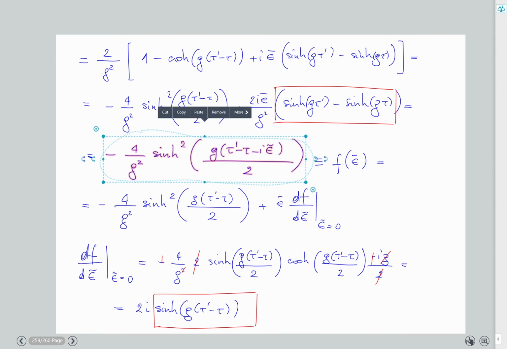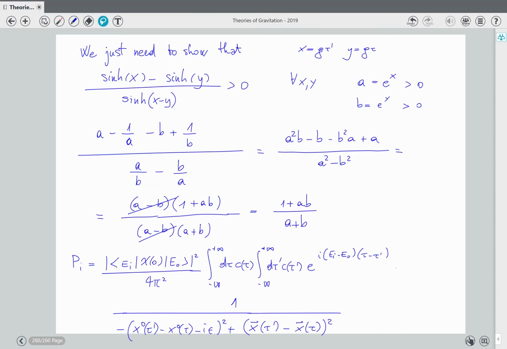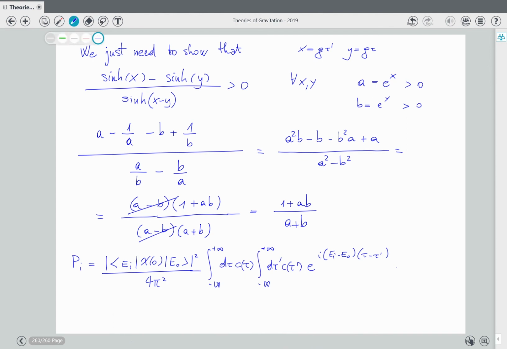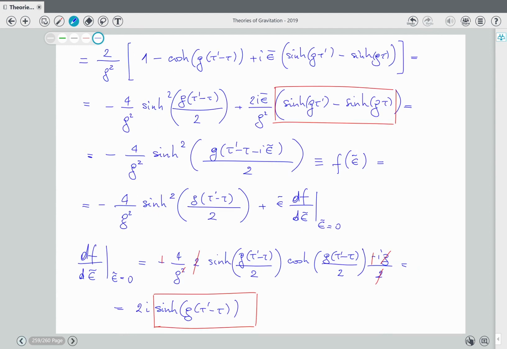So there is a minus 4 over g squared, which will become a minus g squared over 4 times 1 divided by hyperbolic sine squared of g (tau prime minus tau) divided by 2 minus i epsilon bar.